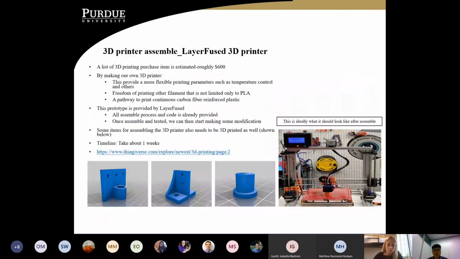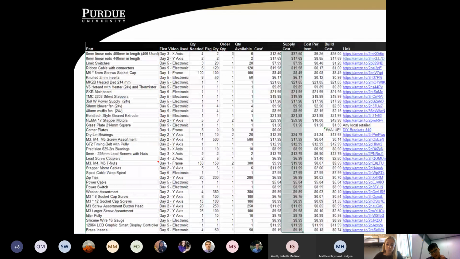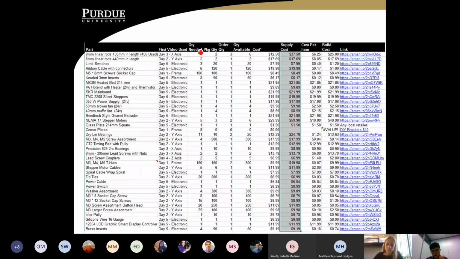But this is another thing I want to point out: yes, I actually tried to build a 3D printer. There is a lot of data shared online that tells you how to build it. So this is the idea of what it should look like after assembly. It takes about 1 week to do this. I won't get into details, and these are where you can buy all of these.